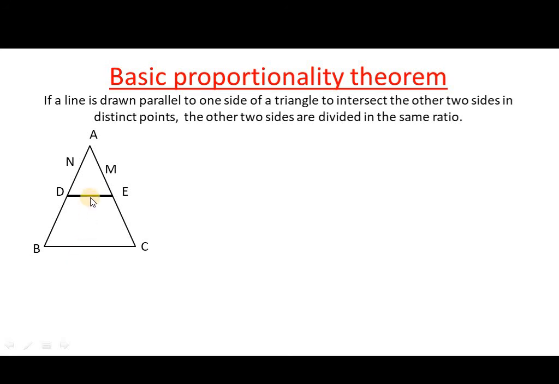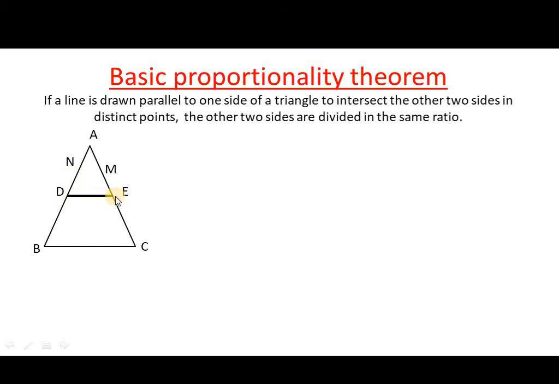Now DE is parallel to BC, and the point D divides the given side AB in the ratio AD to DB. Similarly, the point E divides the side AC in the ratio AE to EC.